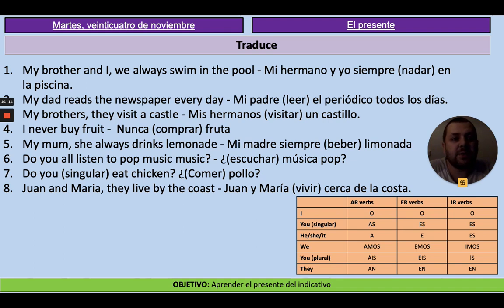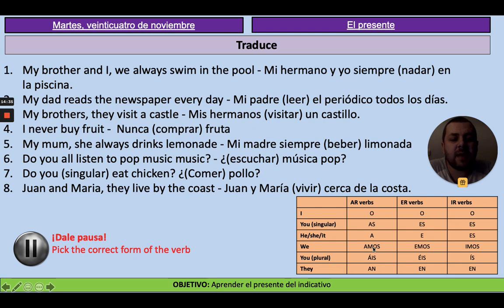So what you would need to do is take the verb nadar, which means to swim, remove the infinitive ending, and then add the correct ending. We look at our table below, and we can see that it's an AR verb, and it is we. So what you need to add is amos.